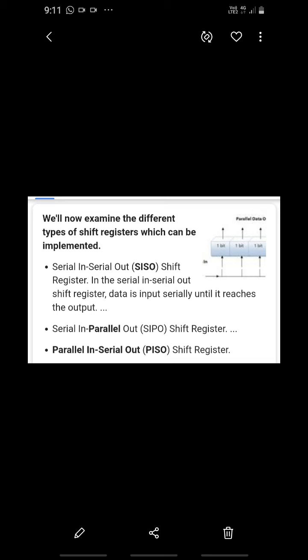Serial in, serial out shift register. In the serial in, serial out shift register, data is input serially until it reaches the output.